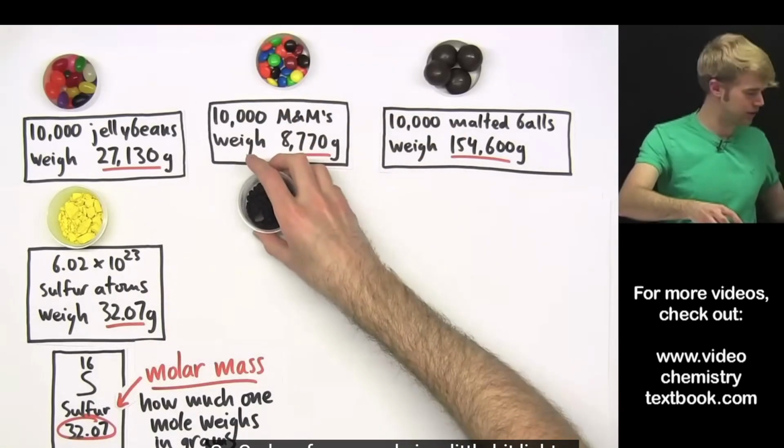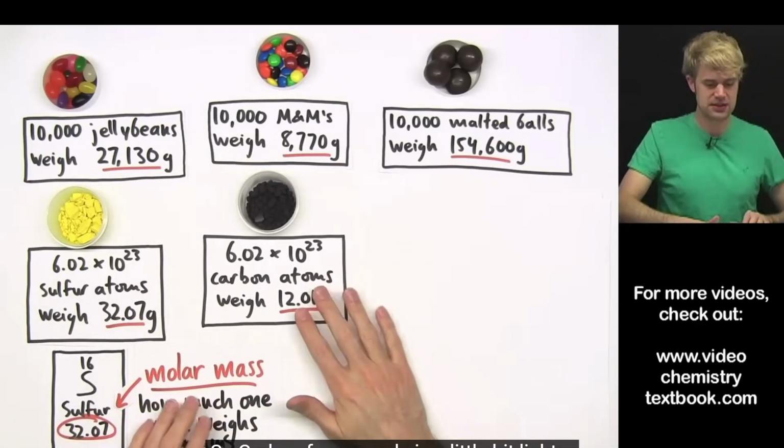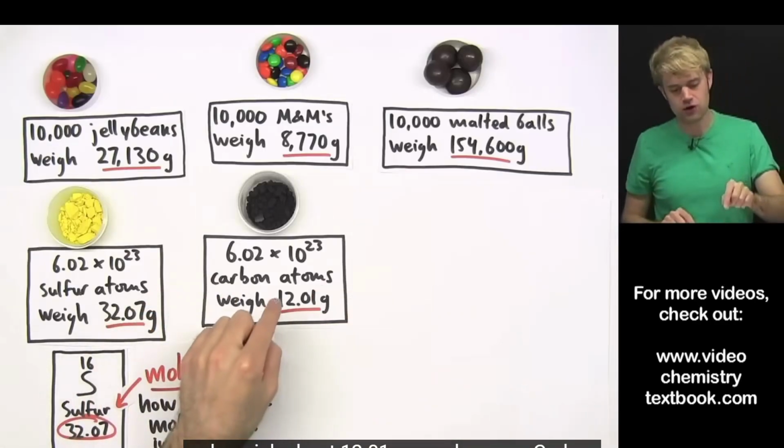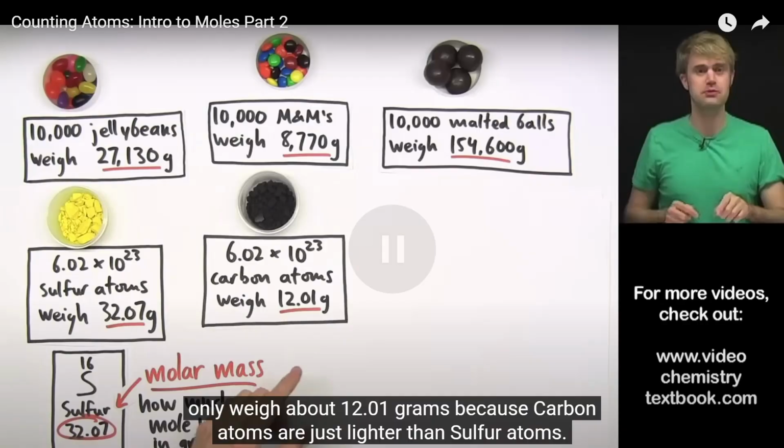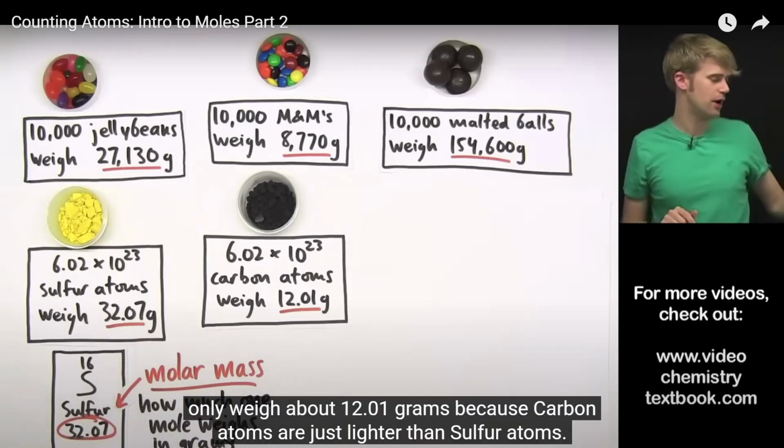So carbon, for example, is a little bit lighter than sulfur. And 602 hexillion carbon atoms only weigh about 12.01 grams. So you can fill in that number where it says carbon: 6.02 times 10 to the 23 carbon atoms weigh 12.01 grams, because carbon atoms are just lighter than sulfur atoms.